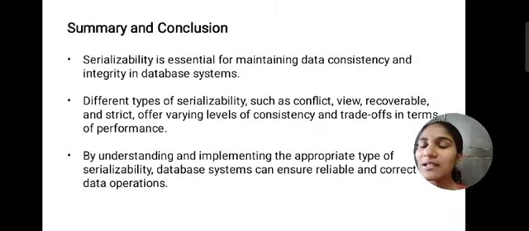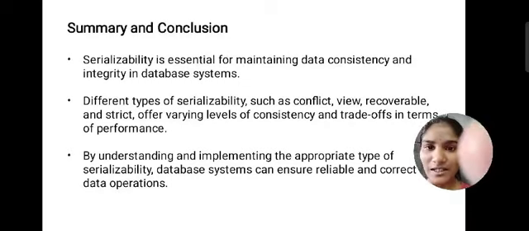And summarizing this topic, serializability is essential for maintaining data consistency and integrity in database systems. Taking up the key points from the serializability concept: first, the main thing is that parallel actions are converted into serial actions.